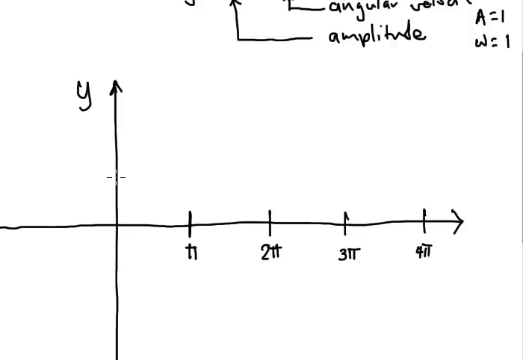Then let's make a mark there and say this is 1, this is 2, minus 1, minus 2. This side you can also say minus pi, and so on going that side.